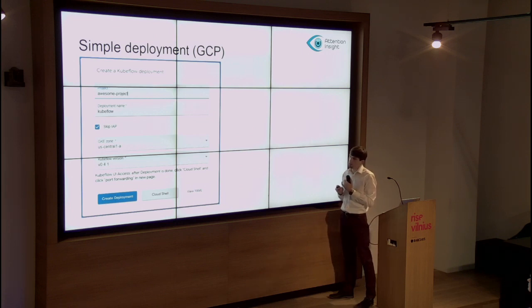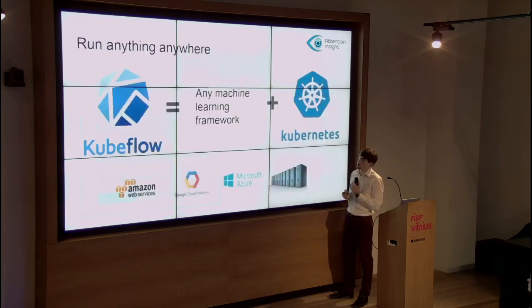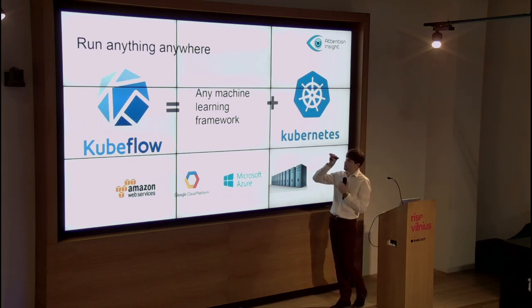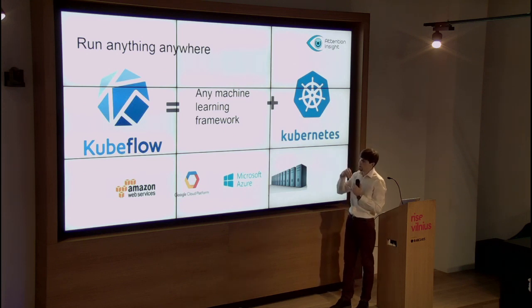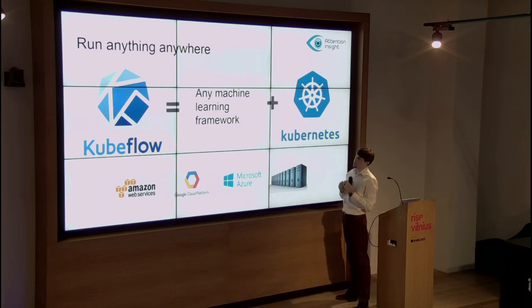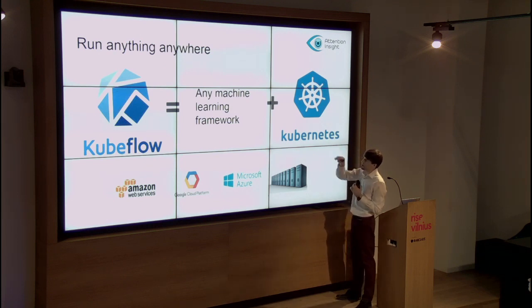This will create a Kubernetes cluster for you and deploy a Kubeflow instance on it. Just to mention that Kubeflow can run any machine learning framework code located within a container, and Kubernetes will handle the resourcing part, providing the necessary resources to the container that requires them.